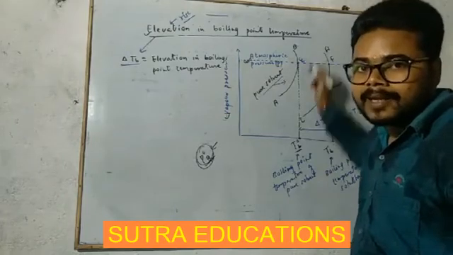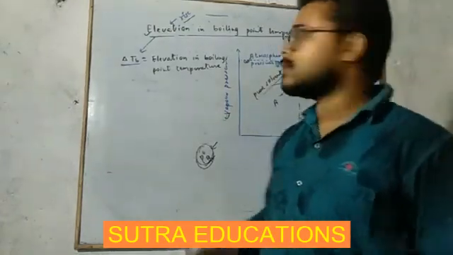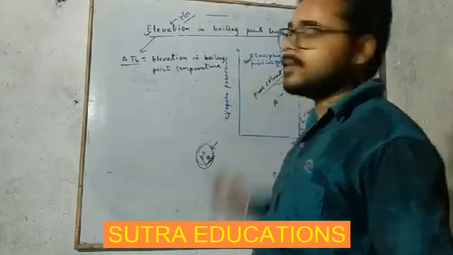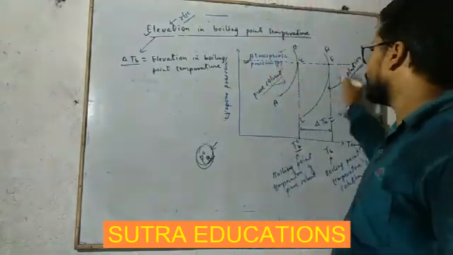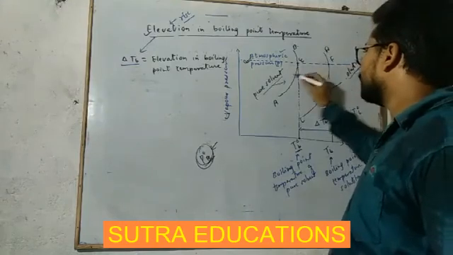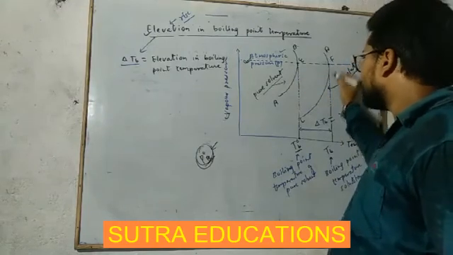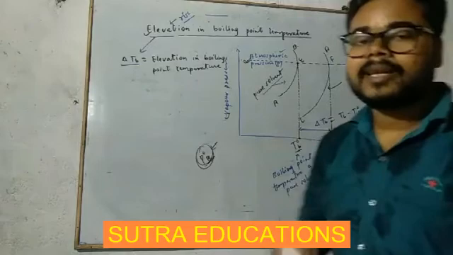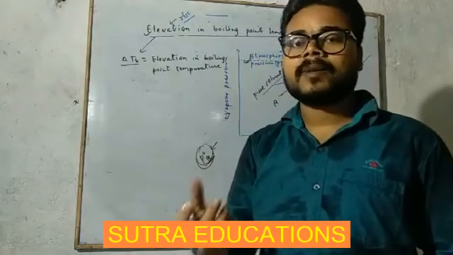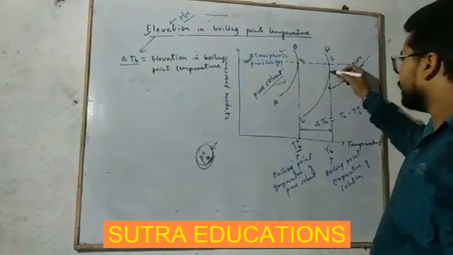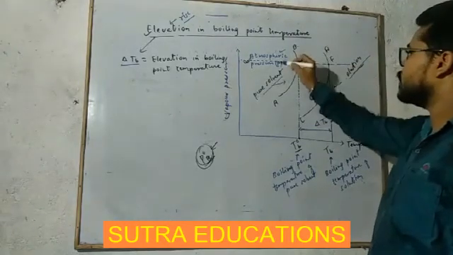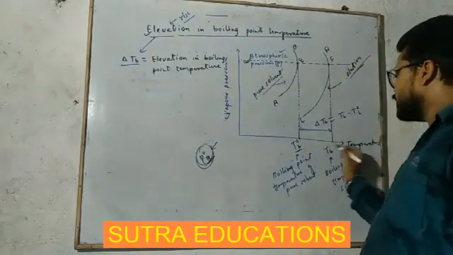So at low temperature its vapor pressure will become equal to the atmospheric pressure, and then we have added some non-volatile solute into this, so it will form less vapors, so less vapor pressure will be exerted, and to make vapor pressure of this solution equal to the atmospheric pressure, we have to heat it more.